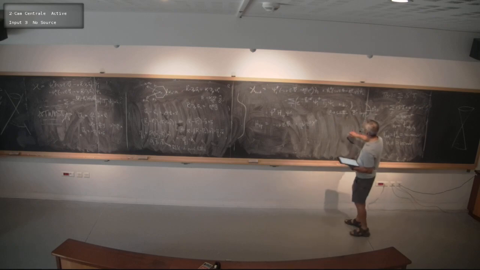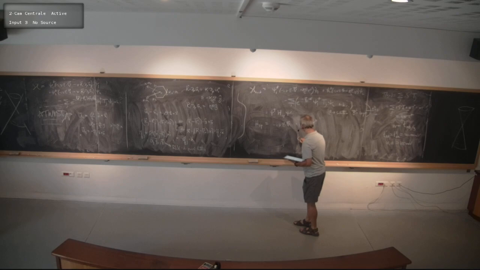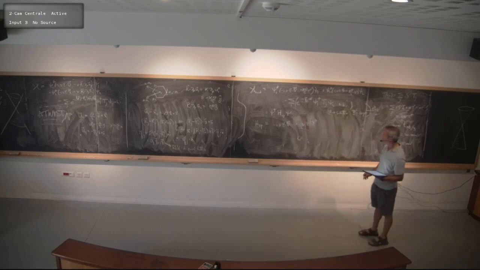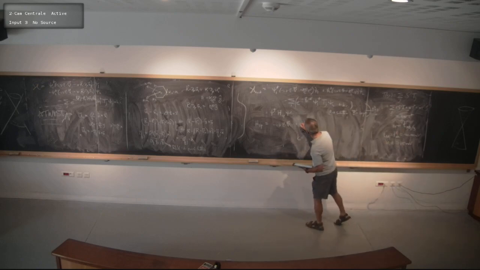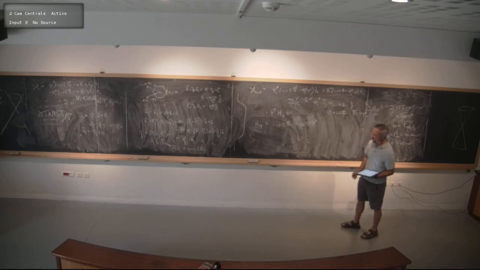So I'm defining what people usually do in these Moire business. They define v, it's v Fermi, the Fermi velocity.